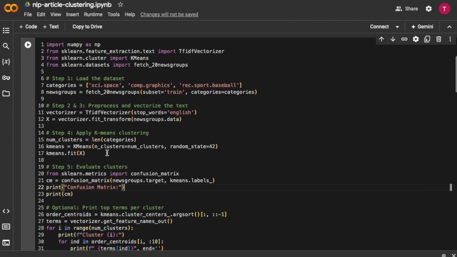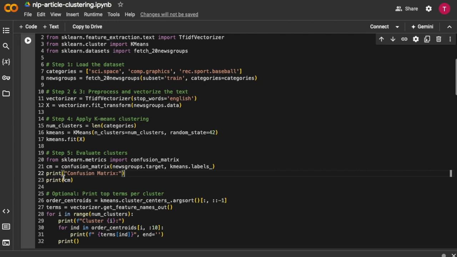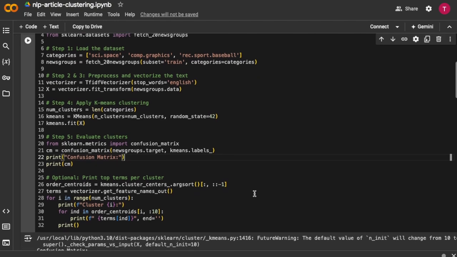So given my trained clustering model, I can use a confusion matrix directly to see how well it actually clusters. And so in the confusion matrix, I'm going to send the news groups target and my k-means labels. And here I'm just printing the confusion matrix to see what it looks like.